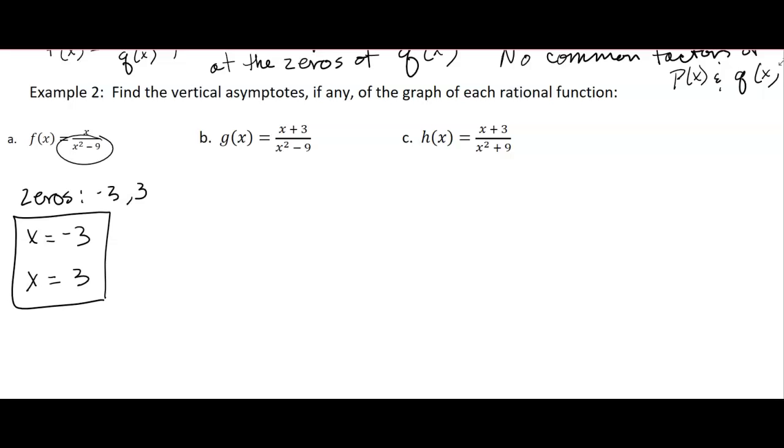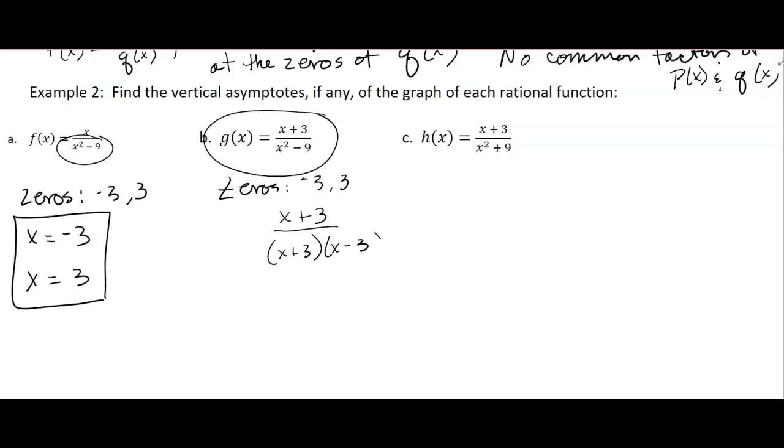Okay. Now, here's the situation. You know that the zeros are -3 and 3. But when you factor that, x plus 3 over x plus 3, x minus 3, you see that those factors cancel. And what that means is you won't have a vertical asymptote at negative 3.